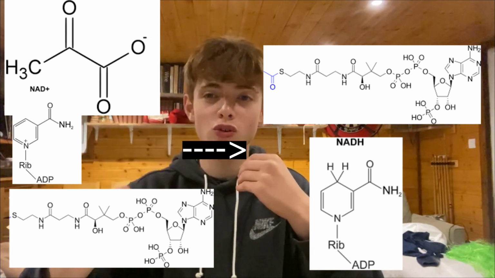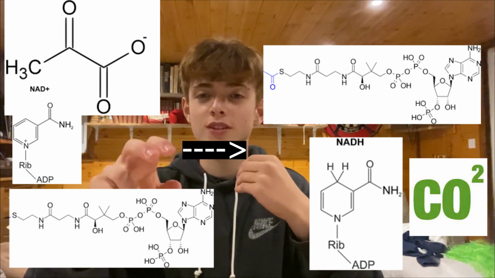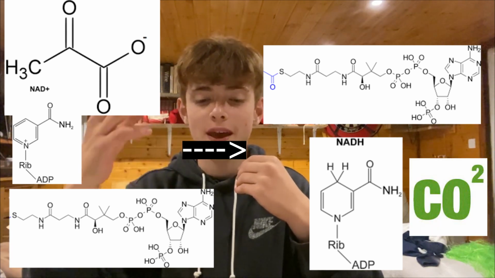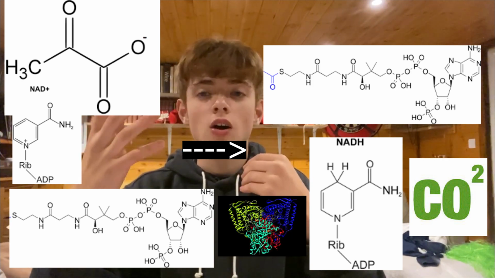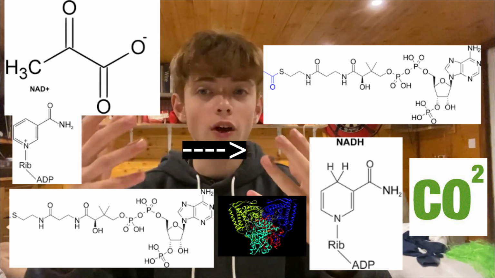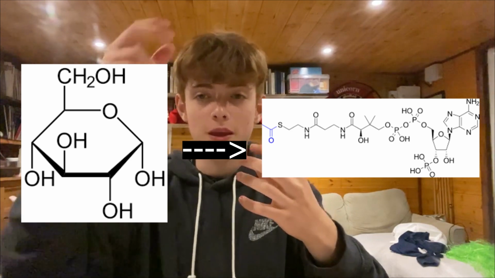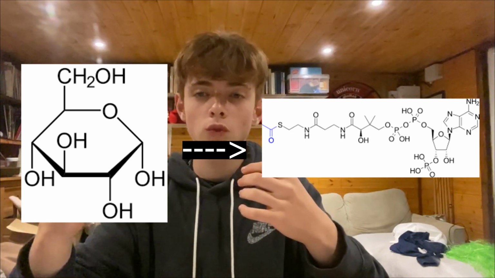You have CO2 excreted off the side of this reaction, and this reaction is catalyzed by the enzyme pyruvate dehydrogenase. Now you finally have acetyl-CoA being made from glucose, as I've talked about earlier.